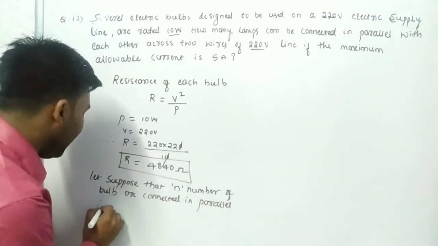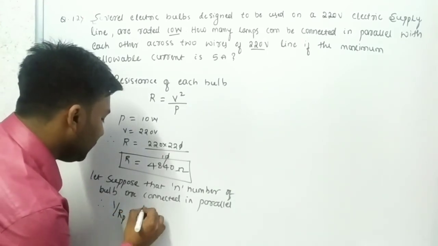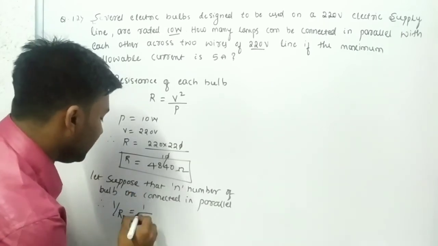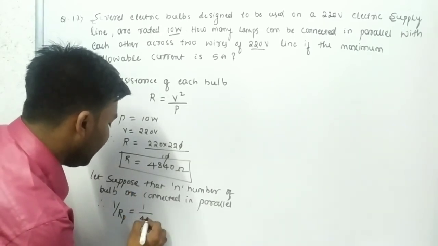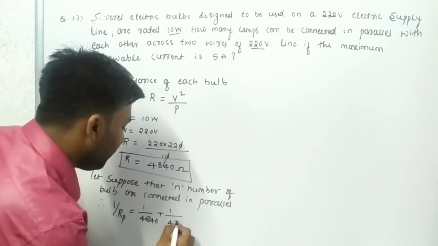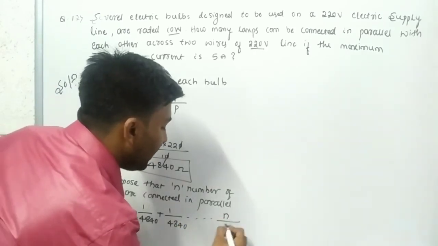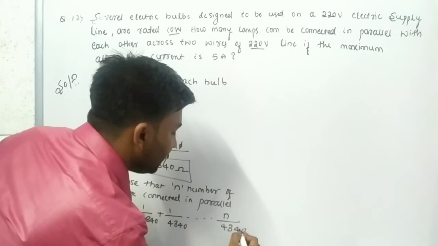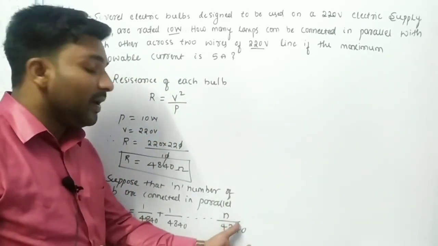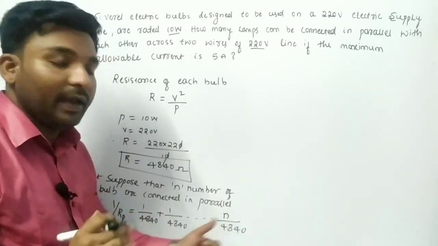Therefore the equivalent resistance is equal to 1 divided by how much? Each resistance is 4840, so 1 by 4840 plus 1 by 4840 up to n number. We don't know how many bulbs we need, so let me take n.